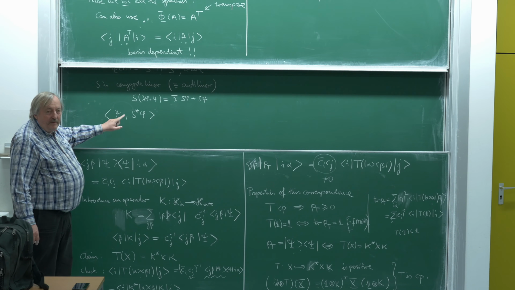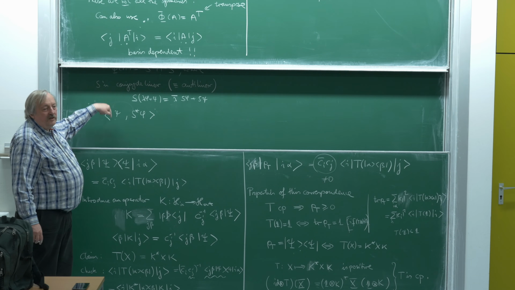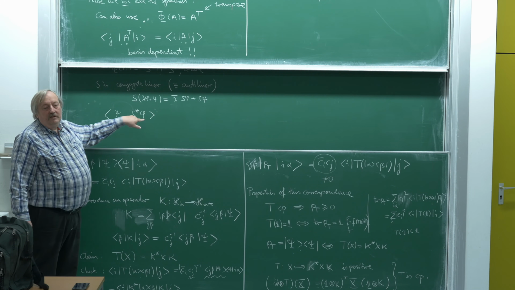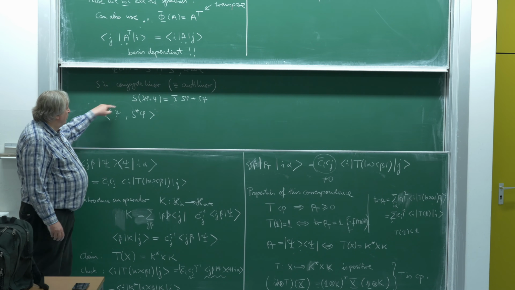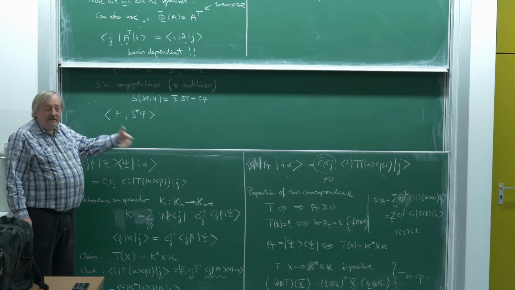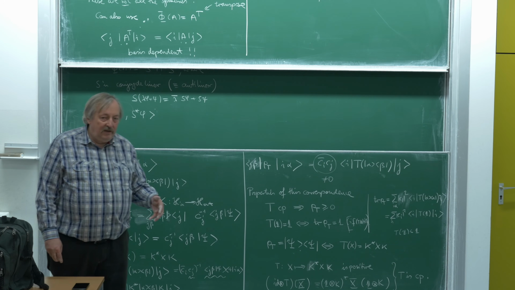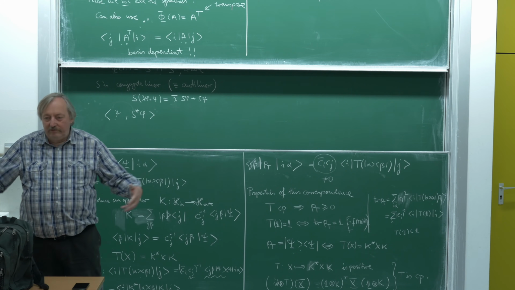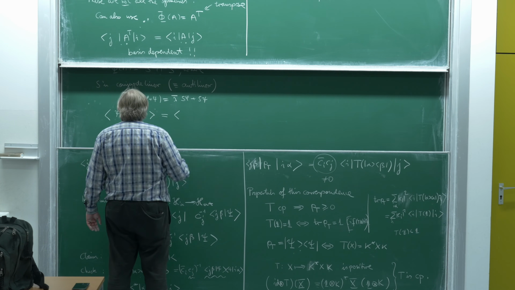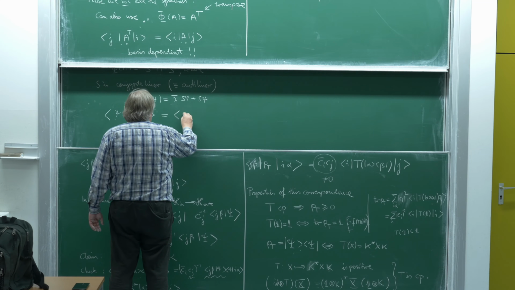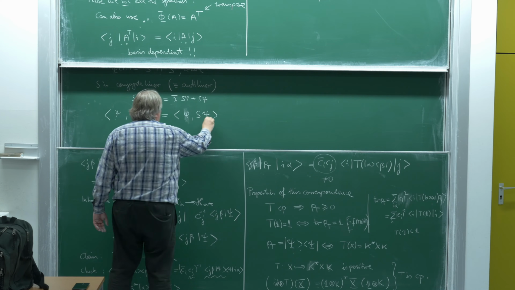But this would be problematic now, because this expression is conjugate linear in psi, because it's the first part of the scalar product, and it's also conjugate linear in phi. Therefore, if you move this over, this would become linear in phi, and the equation couldn't be right, because it could not be true for phi and for i phi at the same time, but it should be true for all phi's, including i phi. Therefore, the proper definition of the adjoint of an antilinear operator is to say that this is the conjugate of phi, S psi.